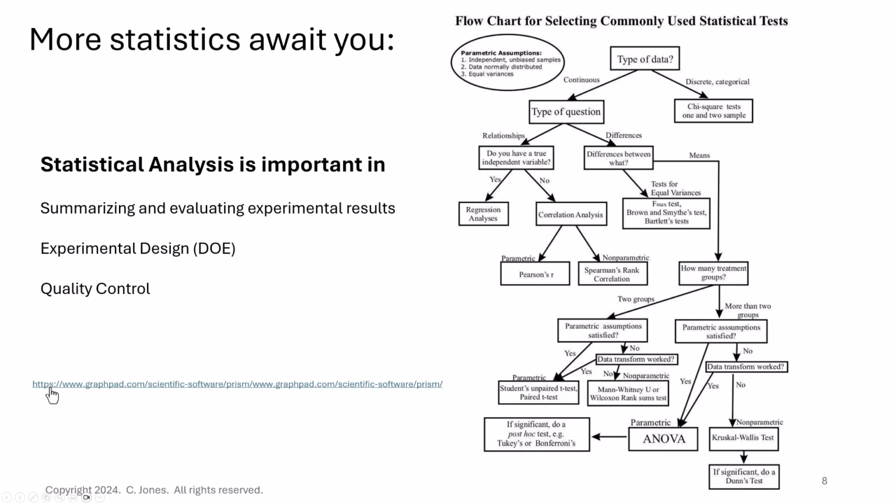And honestly, this is one of the reasons I really like GraphPad Prism, because GraphPad Prism is an intermediate level statistical software. It's really easy to use, and it guides you through the tests that you should be making based on the data that you have. So for example, if your standard deviations are far apart, you really shouldn't use a t-test. It will suggest the appropriate test to use based on the data that you get.